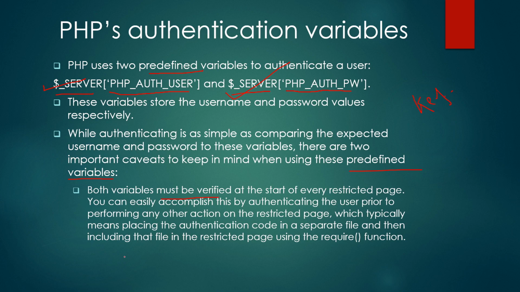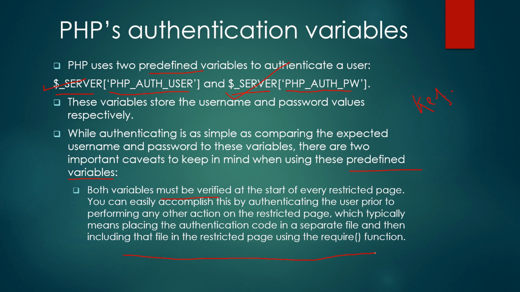Now this line is very important. Let's say I have 10 restricted pages. In that case, I have to write that authentication code 10 times, in every file. But that is not an effective way to write code. It is an inefficient method because I'm repeating the same lines of code again and again. I know we are using them in different files, but still.